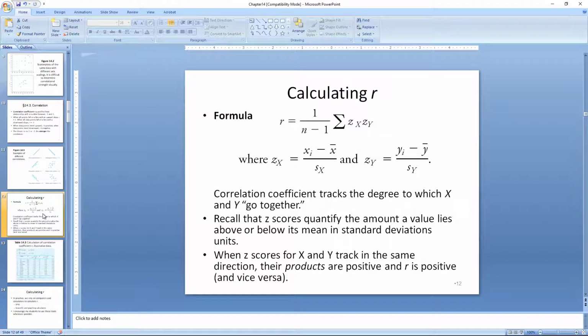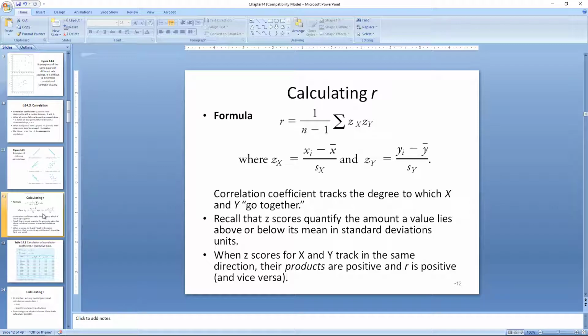So how do we calculate r? r is equal to 1 over n minus 1 times the sum of zx times zy, where zx equals xi minus x bar over sx, and zy equals yi minus y bar over sy. The correlation coefficient tracks the degree to which x and y go together.